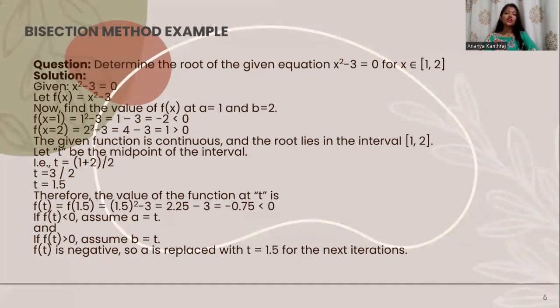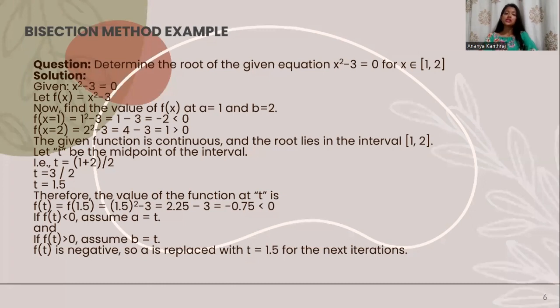Now, find the value of f(x) at a equal to 1 and b equal to 2. Substituting x as 1, we get 1 square minus 3, which is 1 minus 3, equal to minus 2, which is less than 0.